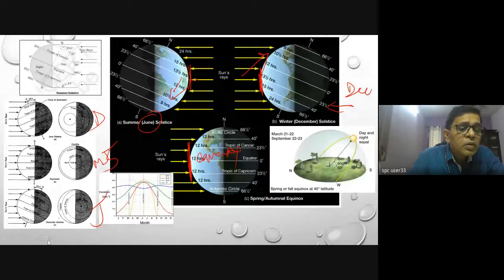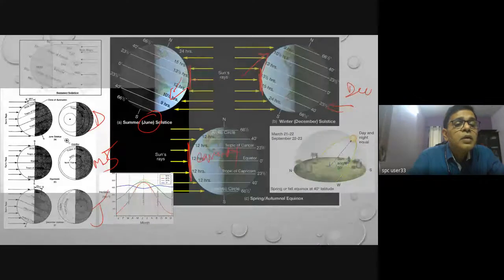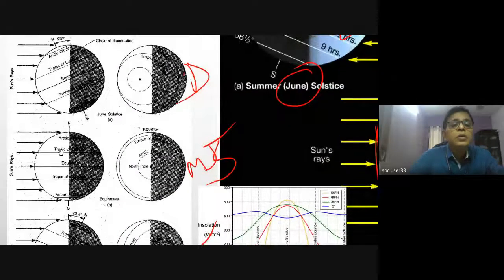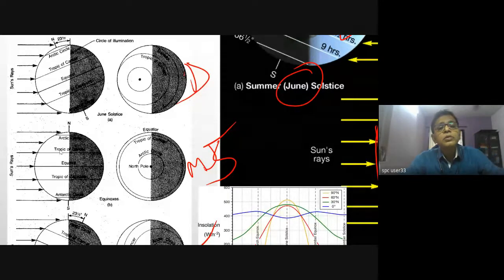Now let me once again throw some light upon this. Now, this is how the zone of illumination will look. We've already said that on the Tropic of Cancer and Capricorn, on those respective days, it's going to be perpendicular.